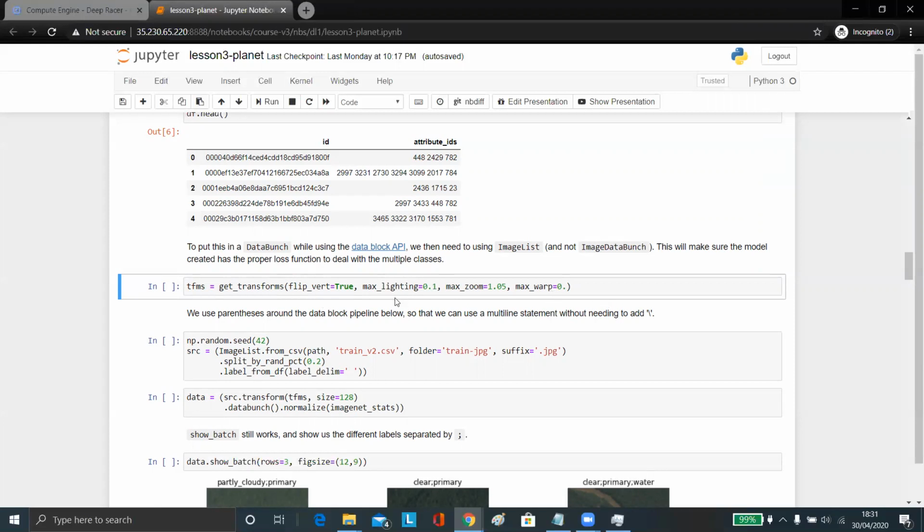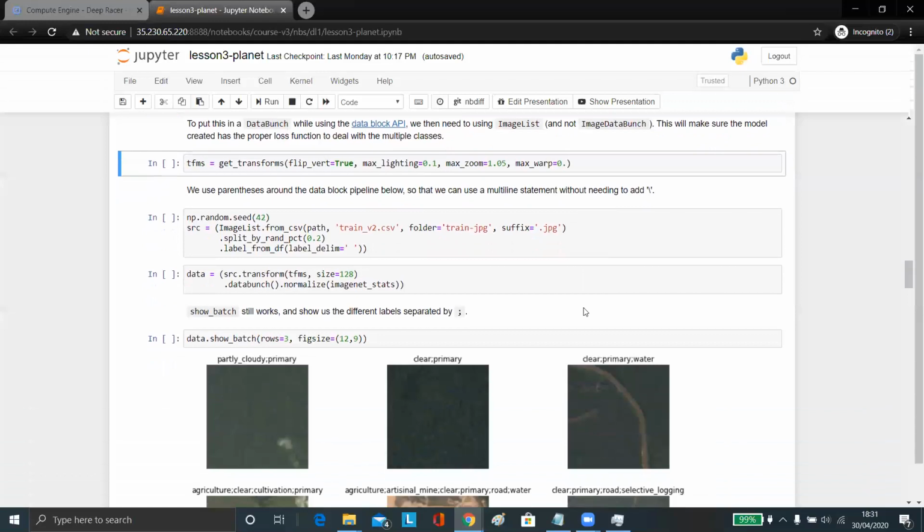These choices that you make are dependent on the data you're looking at. If you slightly warp a jug, it probably isn't going to stop it looking like a jug. If you flip a jug upside down, it's probably still going to look like a jug. But a good counterexample would be written language.